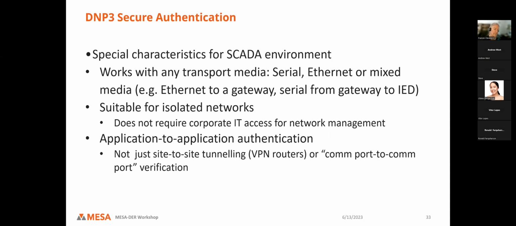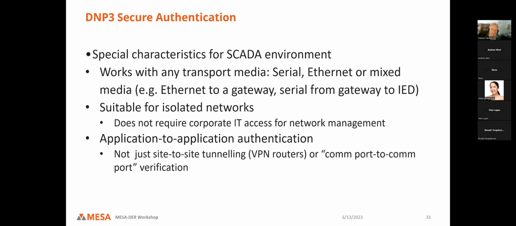So one of the questions we get asked is, for example, why not just use VPN routers between devices? Or why not just use TLS between devices? And sometimes the answer is, well, if you're running over a link that has any serial element, you can't use TLS. TLS will work between a pair of devices that run over Ethernet.